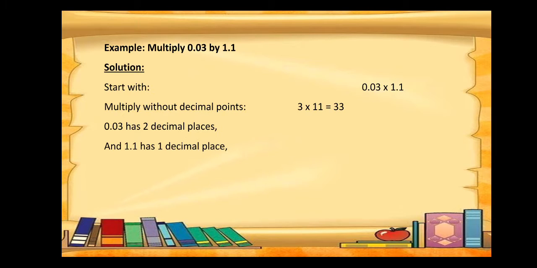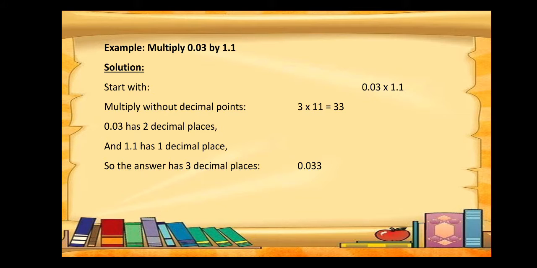Now we have to look at the decimal point. So we should count the digits in both the numbers. We can see that 0.03 has two decimal places and 1.1 has one decimal place. So it means in the answer there must be three decimal places. So the answer will be 0.033, because after multiplication we got 33.